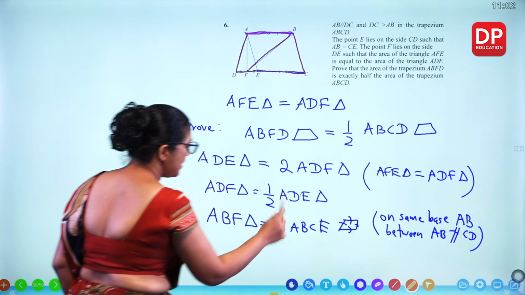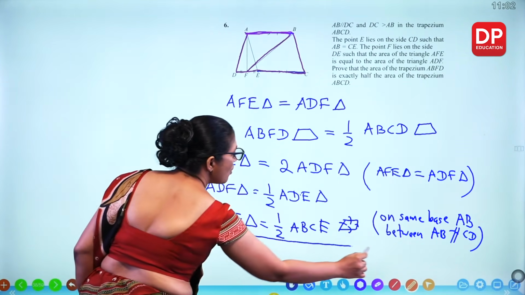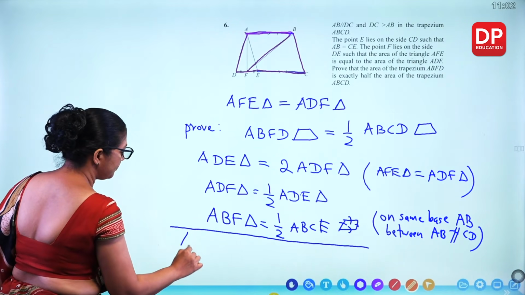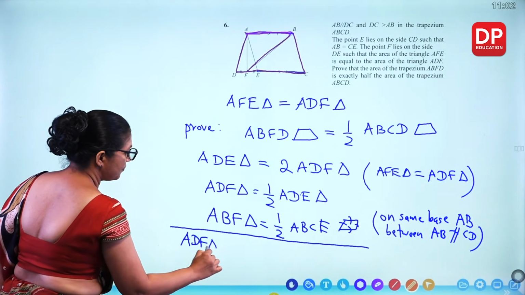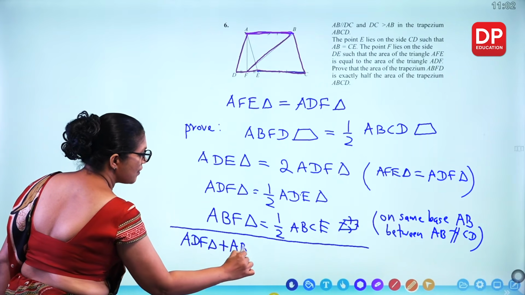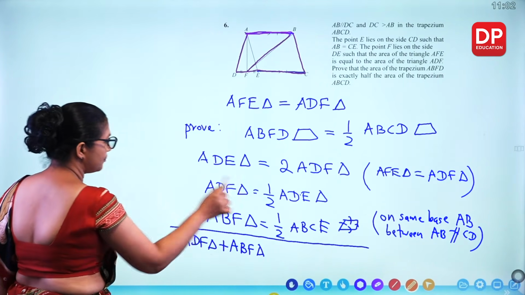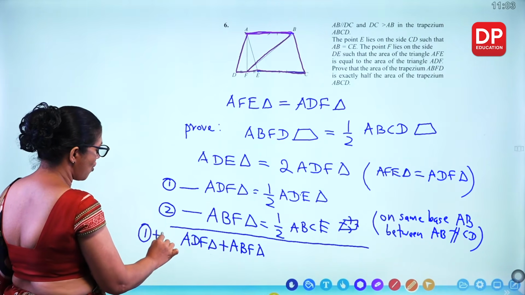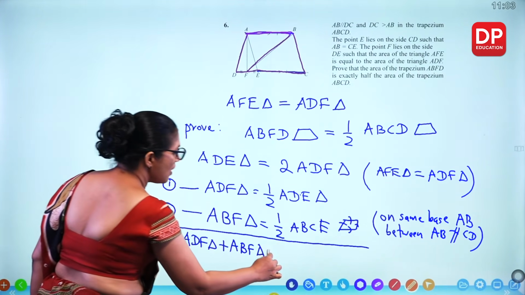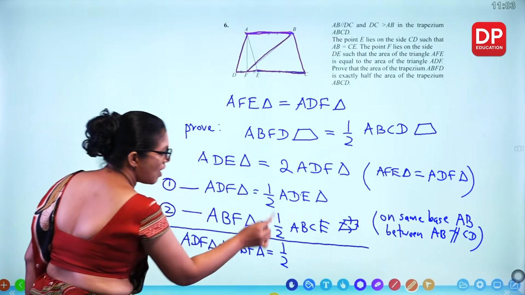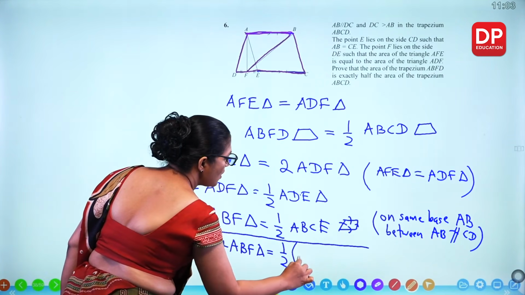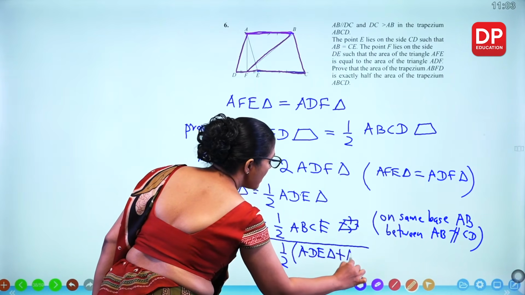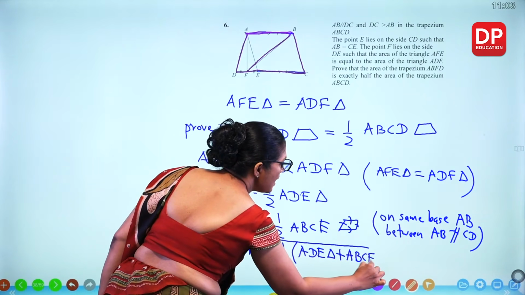I want to add these two. What happens when I add ADF and ABF? I'll write 1 and 2. This is addition of 1 and 2. This becomes half. Half is common. Take it out and I can write ADE triangle plus ABCE parallelogram.